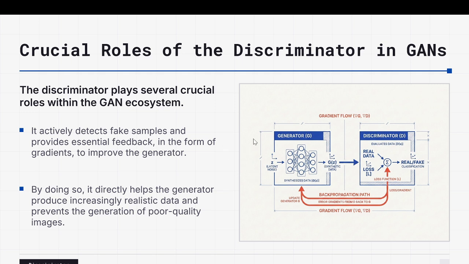Here, a random image or random input is given as input to a generator, then it generates a synthetic data set. After generating a synthetic data set, the discriminator uses the synthetic data set value as well as the real data set value.